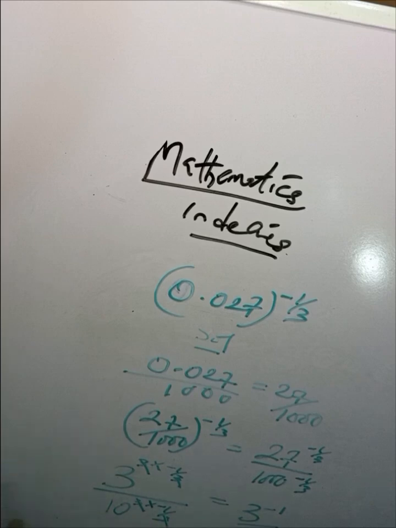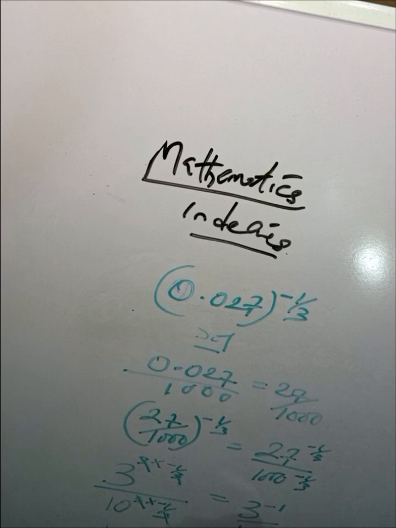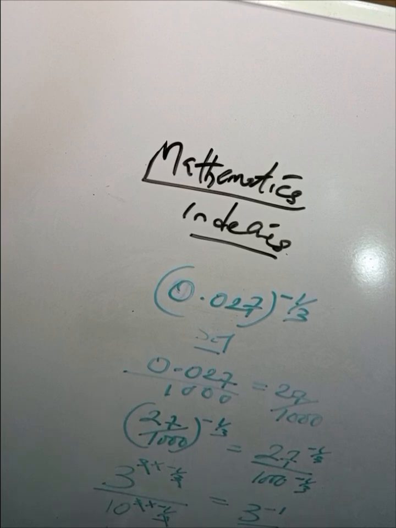When you have a negative in the power, we call it negative index law. 3 raised to power minus 1 is the same as 1 over 3, divided by 10 raised to power minus 1, which is again the same as 1 over 10, or 10 raised to power 1. 3 raised to power 1, the 1 does not mean anything, is it not? So what do you have now? 1 over 3 times by 10 over 1.